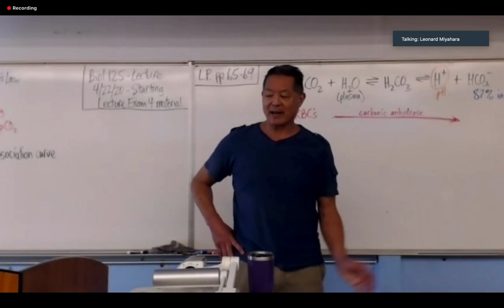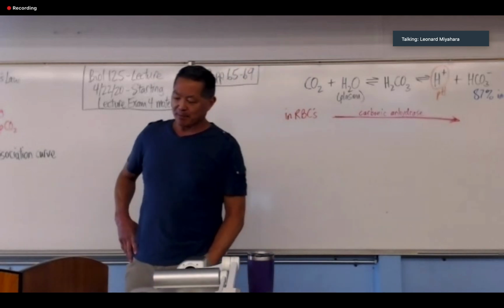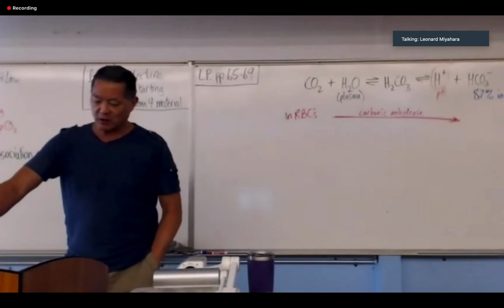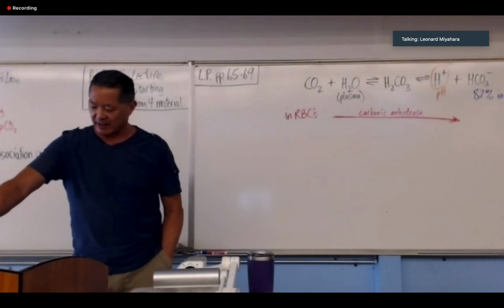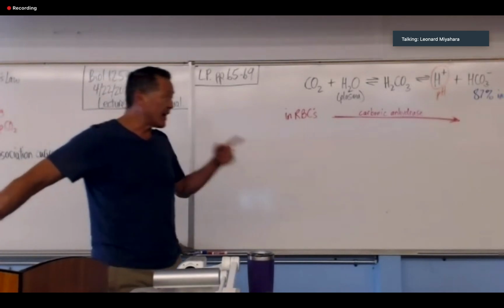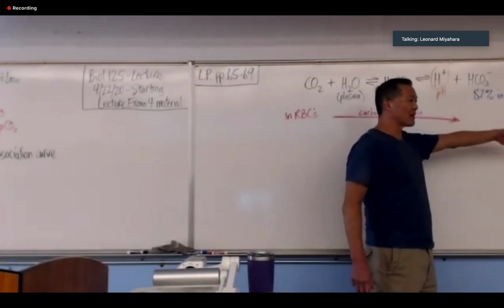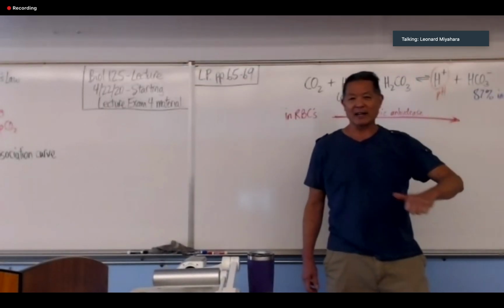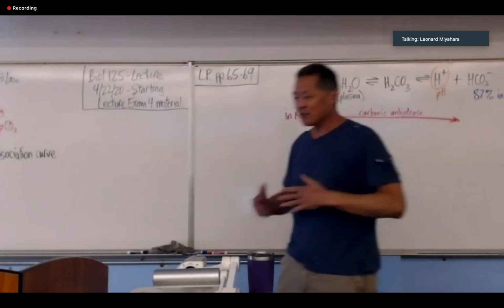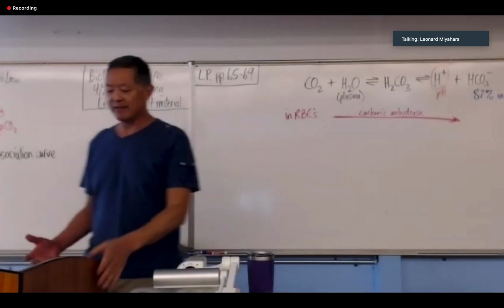And so to prevent that, down here at the bottom at 6 o'clock, you see what's called the chloride shift. In other words, negative bicarbonate ion comes out of the red blood cell and negative chloride goes in. No battery, no voltage, negative for a negative.